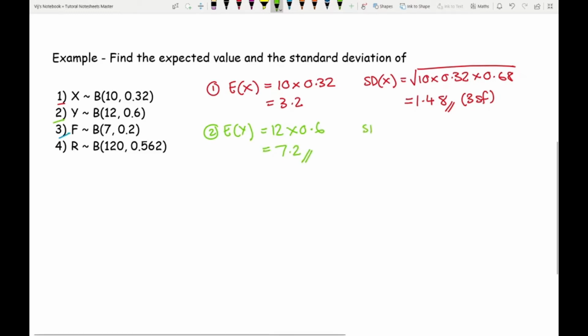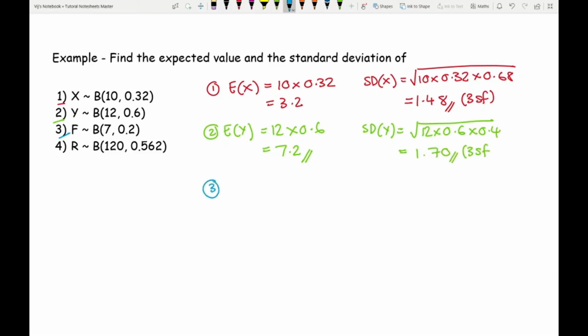And for the standard deviation of y, we're going to do the square root of 12 times 0.6 times 0.4, and again plug that straight into the calculator, in which we get the answer of 1.70 to 3 significant figures. Now, as I said, when you're doing this in an exam, I strongly recommend writing down exactly how I'm presenting it on the screen right now.